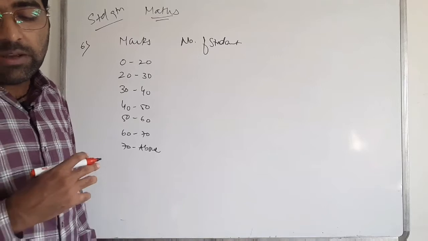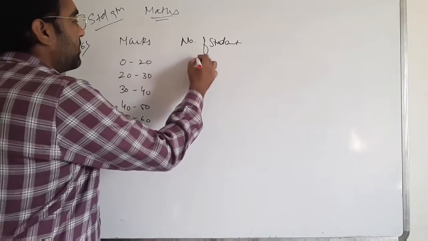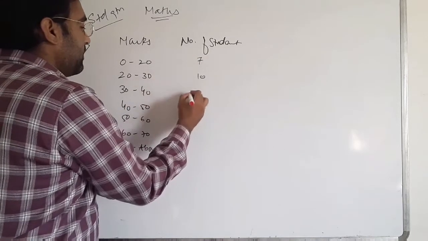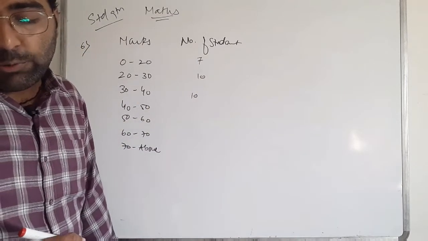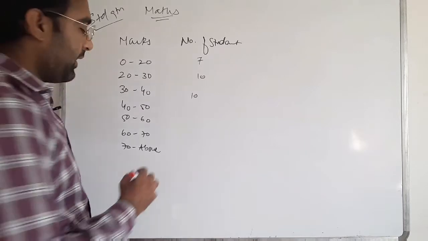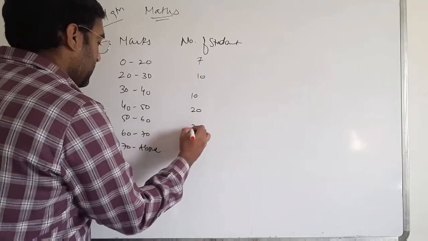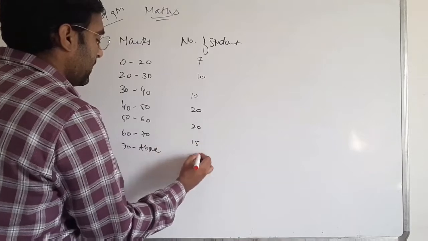The number of students is 7, 10, 10, 20, 20, 15, 8.